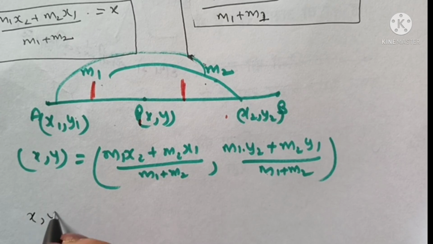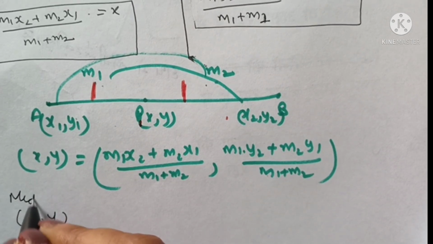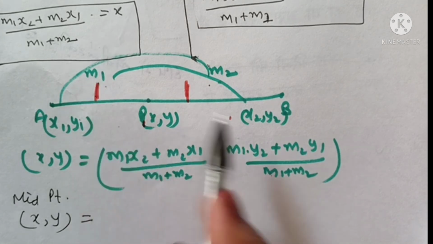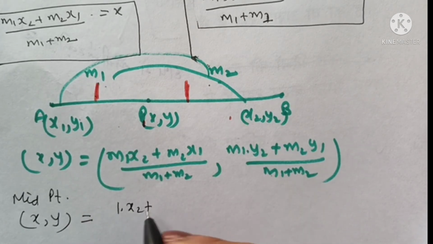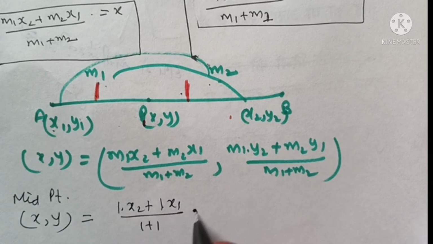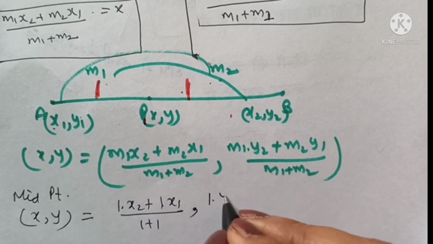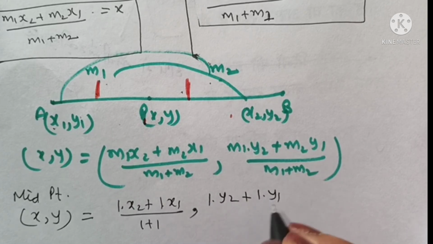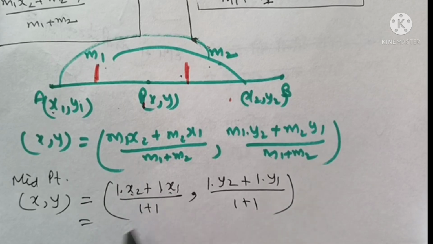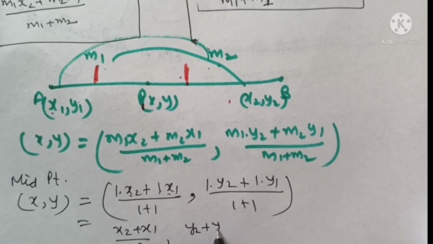I get midpoint (x, y) is equal to (1 into x2 plus 1 into x1 divided by 1 plus 1, comma 1 into y2 plus 1 into y1 divided by 1 plus 1). So this gives me (x2 plus x1) divided by 2, comma (y2 plus y1) divided by 2.